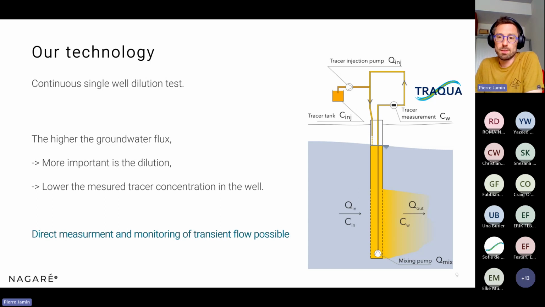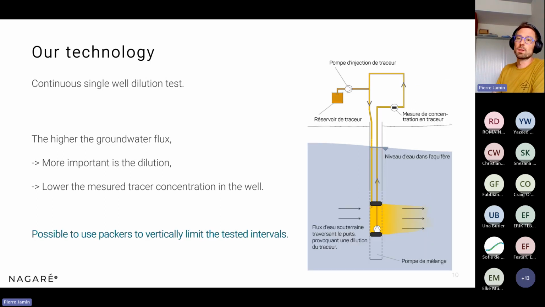So what we do basically is we measure the dilution of the tracer in our monitoring well. And this dilution is proportional to the groundwater flux that passes horizontally through the screen of the well. So our result is representative of the whole thickness of the screen, but we can also limit this interval to target a specific horizon or apply a kind of logging mode to investigate the vertical heterogeneity of the fluxes along the vertical axis of the well.